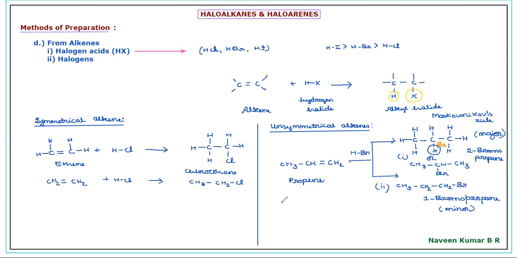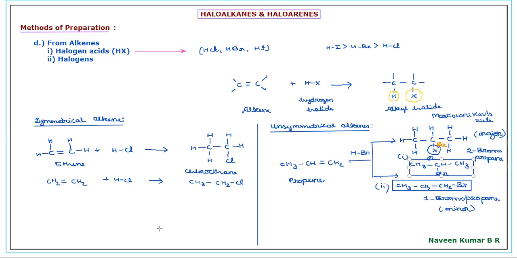So this is how the two products will be obtained in the process. One is 1-bromopropane and another one is 2-bromopropane. So these will be the two types of products.